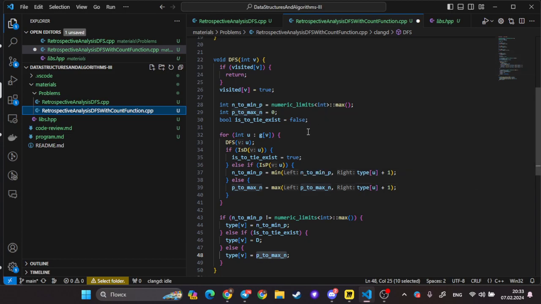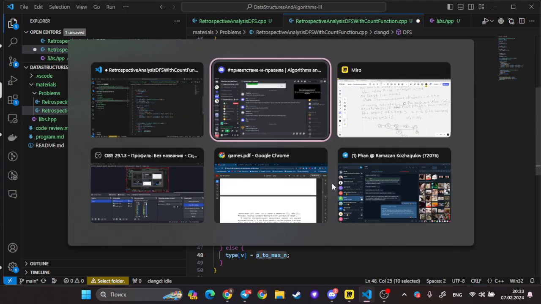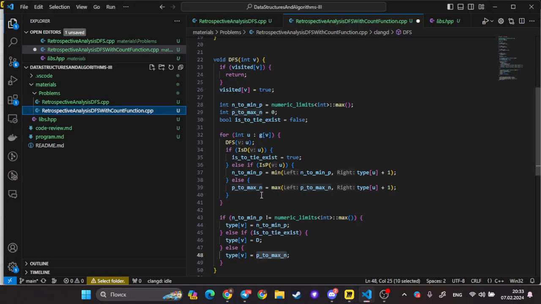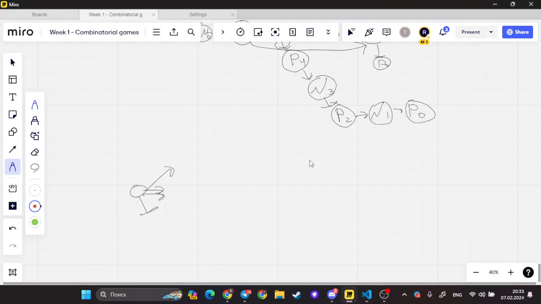Okay, we have to look at all the vertices, on all the children, and if we have a tie vertex, we need to mark it.